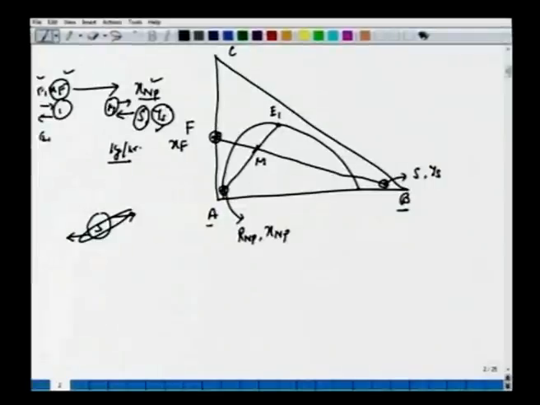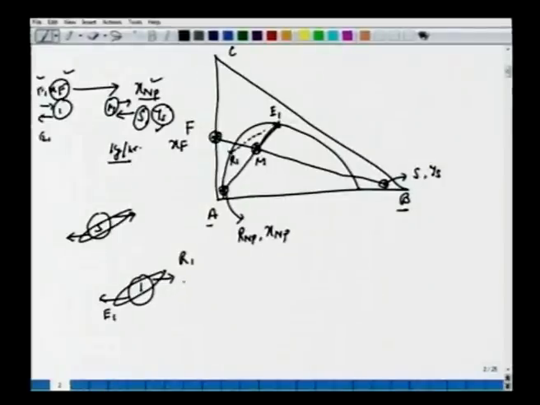All we have done is made an overall material balance, and located this M point, and then, knowing this RNP, we connect this and extend it to make an intersection at the equilibrium curve at point E1. Then for the first stage 1, this is R1, and here we have this E1. So these two streams are in equilibrium. What we did here is that we can find this tie line to obtain this R1.